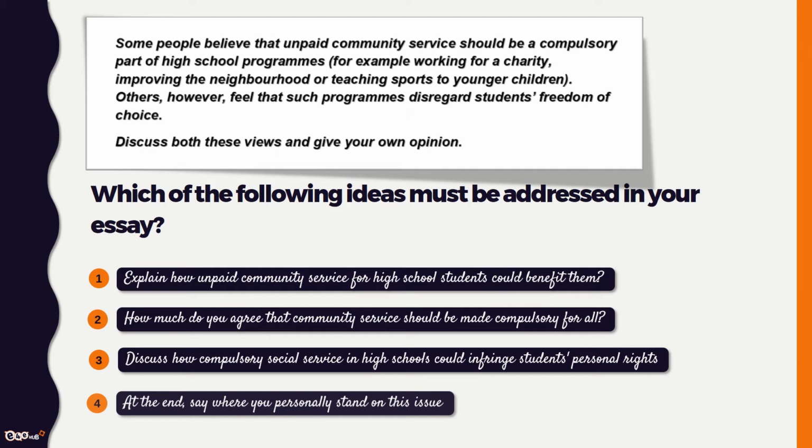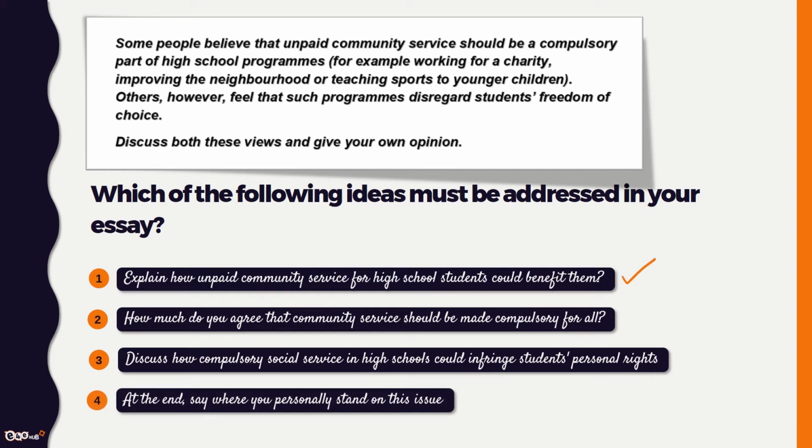So out of these 4, I want you to choose all the options which we are supposed to include in our essay to make it a high level essay, a high band essay, a very relevant essay to the question which is asked. You might have tried it and hopefully got these answers.